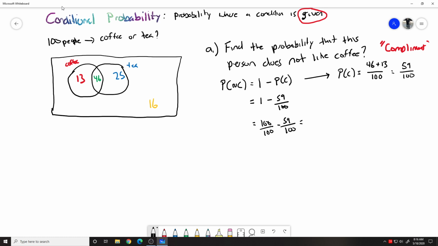Now you can do it real easy. 100 minus 59 gives you 41 out of 100, or 41%. So now we've answered the question. Choosing a person at random out of these 100 people, you have a 41% chance that the person you picked doesn't like coffee.